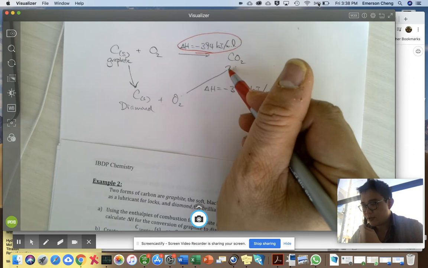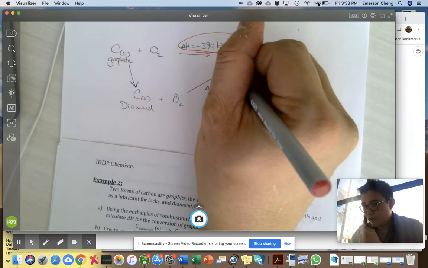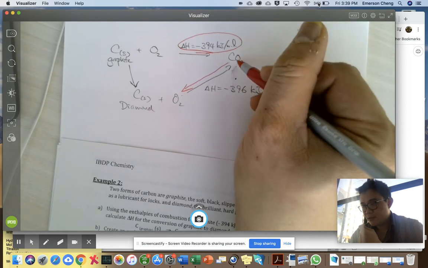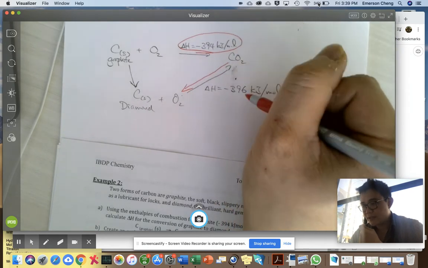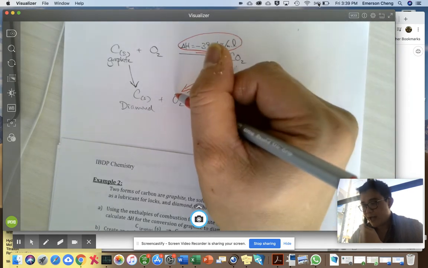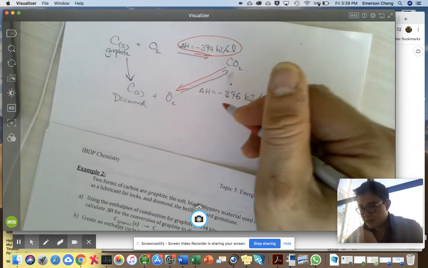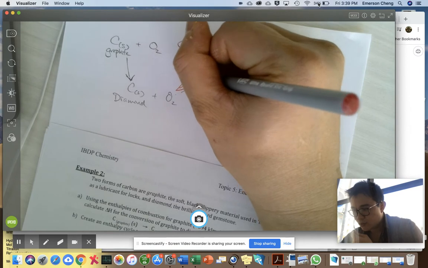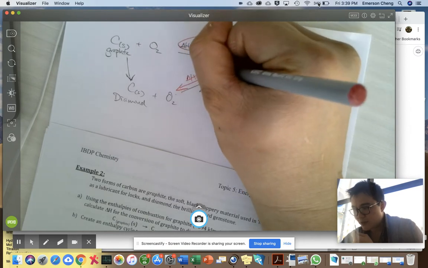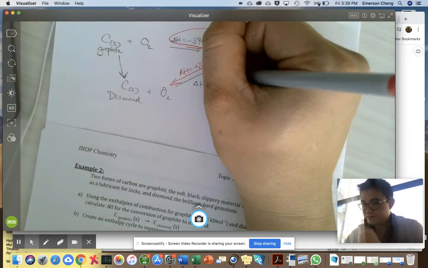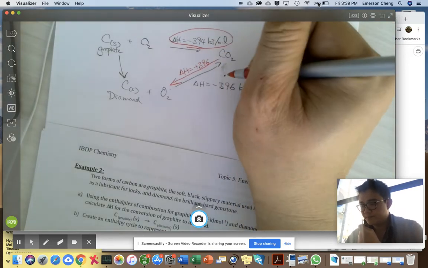You actually have to have this equation going from carbon dioxide to this form. If you reverse the reaction, the sign is also changed. So this here will be delta H equals plus 396 kilojoules per mole. Same unit as before, but I ran out of room.